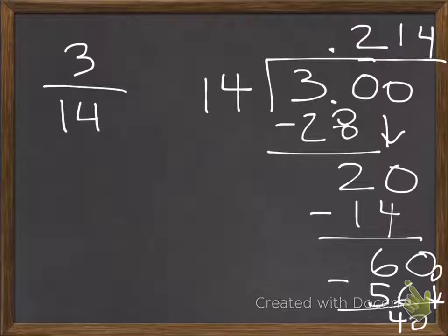Again, I'm running out of room here. 14 into 40, but this is just long division, goes twice. So what you'll see here is that if I get another 2, that 2, 1, and 4 are going to end up repeating, so I can stop once I realize that the decimal is repeating.